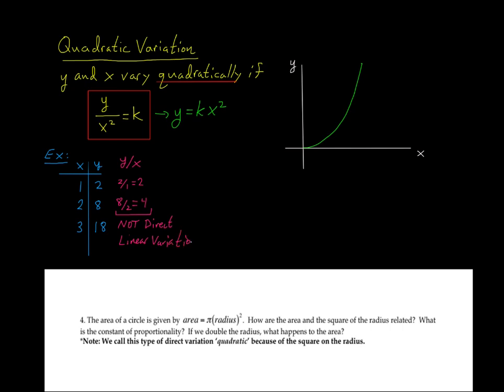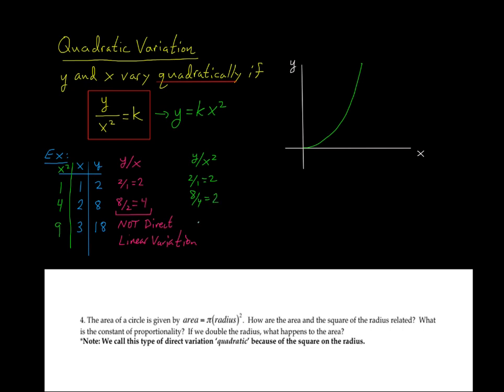However, if I look at the squares of x, I'm going to make a little additional column over here and look at x squared. This would be 1, 4, and 9. Let's now look at the ratio of y to x squared. Now we're going to get a 2 to 1 ratio still for the first pair. Then it's going to be 8 to 4, that's a ratio of 2.